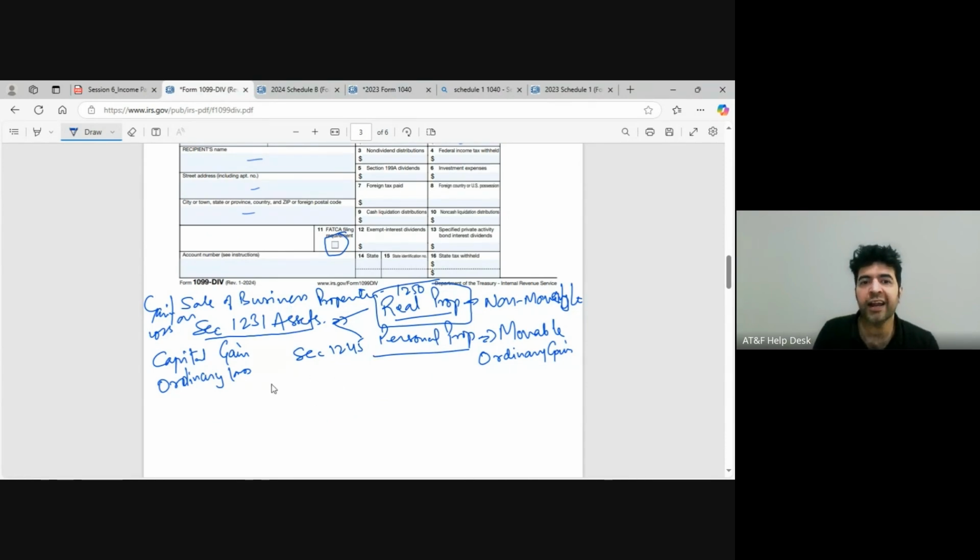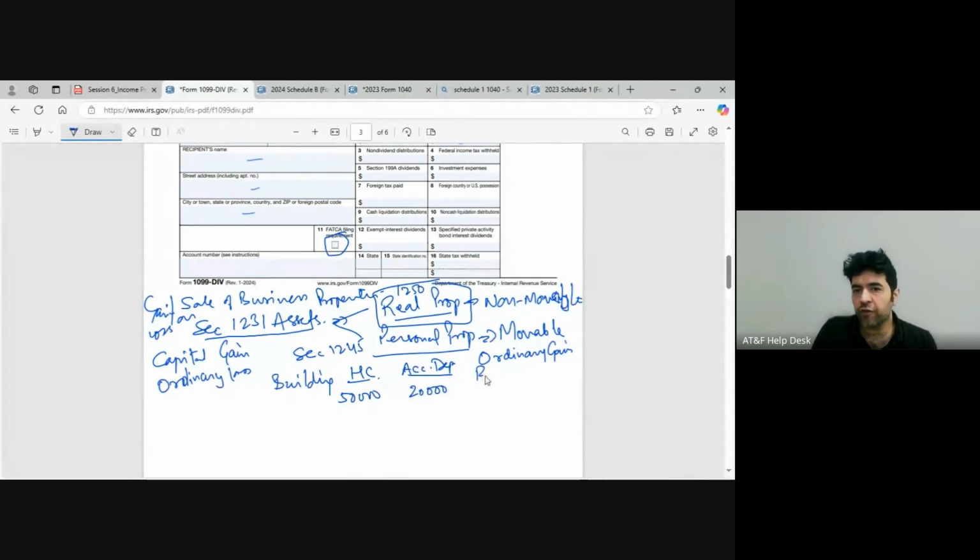How you do that? Let's say you have sold a building for maybe, let's say historical cost of the building is $50,000. Accumulated depreciation, obviously there will be straight line balance method. So straight line method, let's say is $20,000, right?